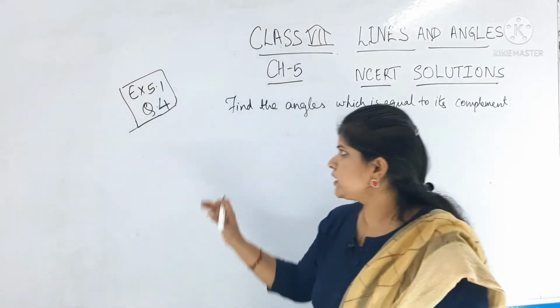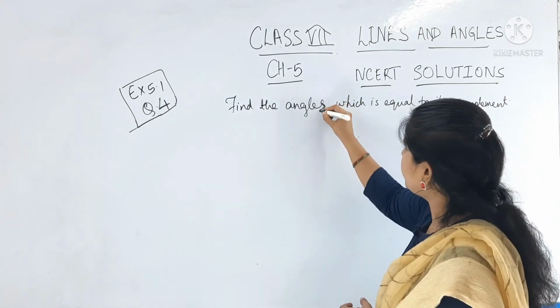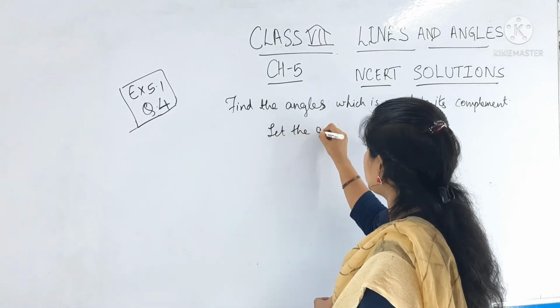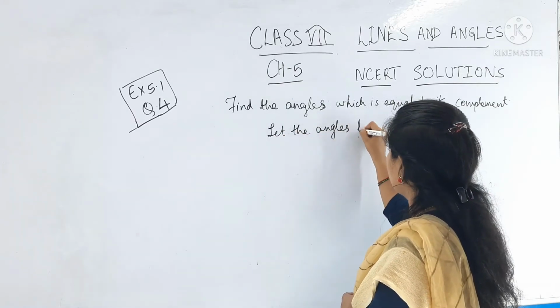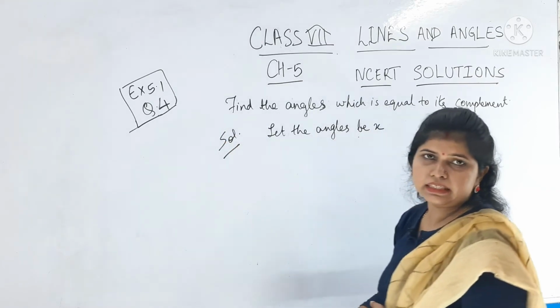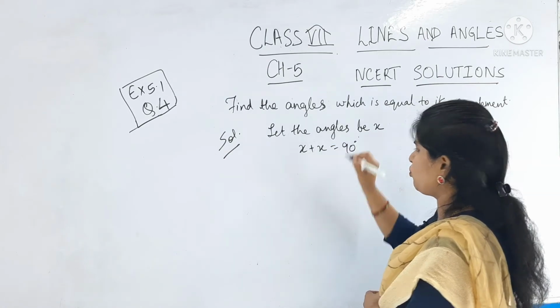Okay students, let's see question number 4 here. You have to find the angle which is equal to its complement. Let the angle be x. For a complement, we know that the sum will be 90 degrees. So x plus x equals 90 degrees, you have to write.